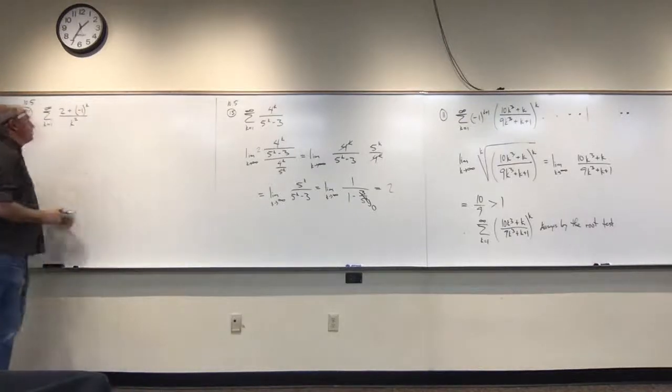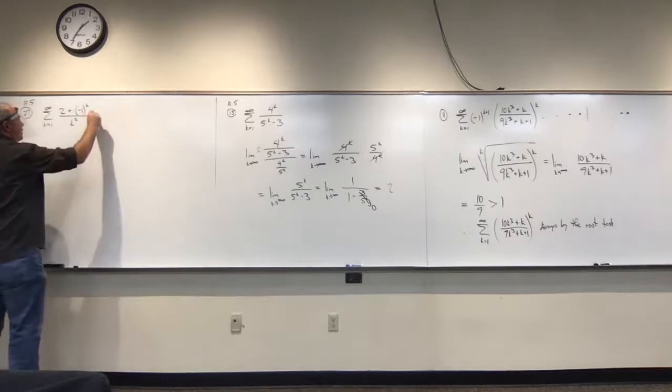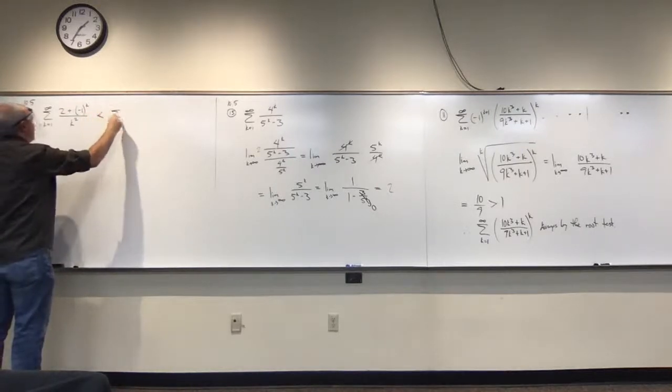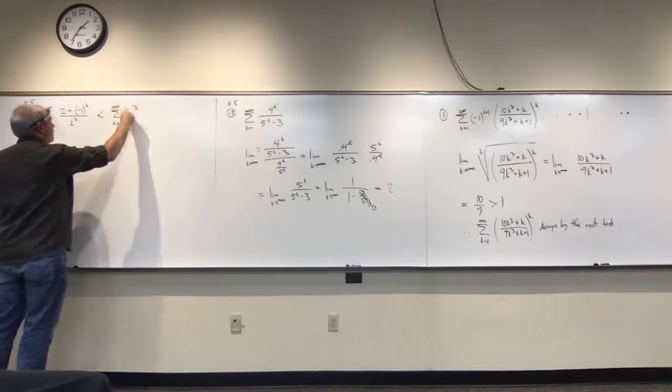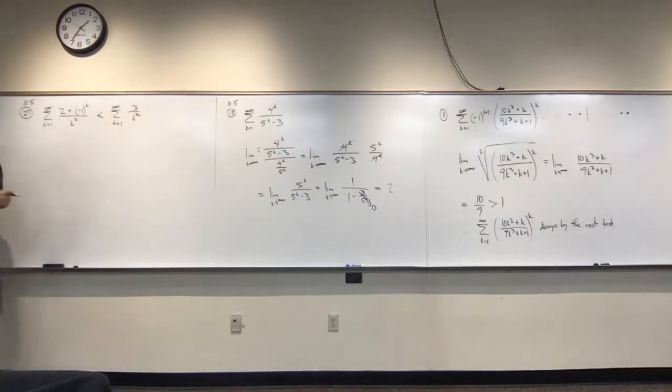If you say that something's bigger than a convergent series, that's not helpful, right? Because it could diverge. But what I could do is say, okay, then this is certainly smaller than the sum k going from 1 to infinity of 3 over k squared. Correct?